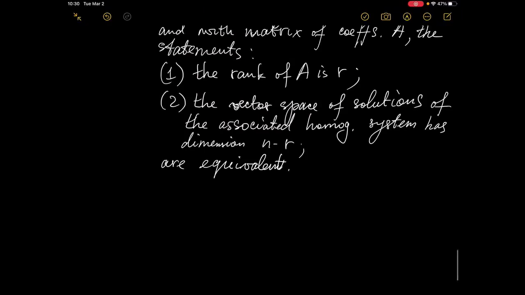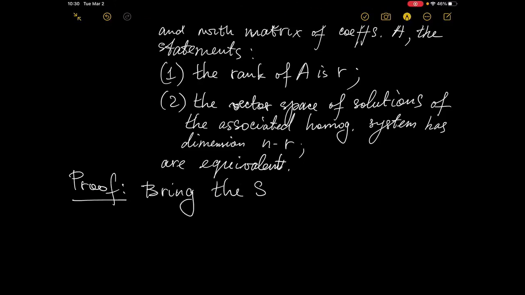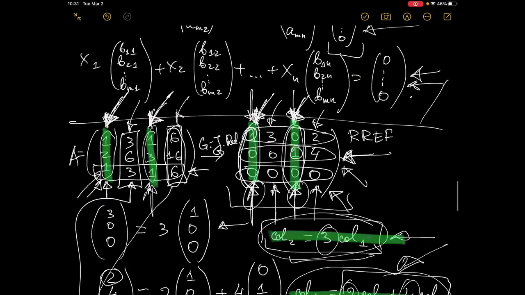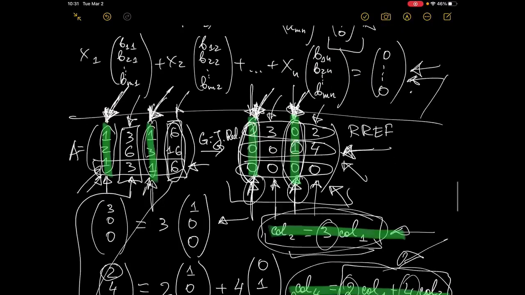Okay, the proof is relatively easy. So essentially, bring the system of linear equations into reduced row echelon form. Then we know that the number of free variables, like here, right?